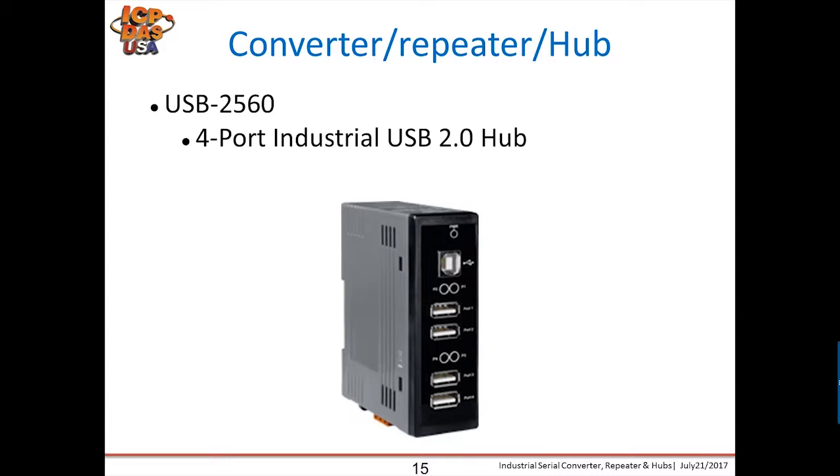The USB-2560 is an industrial USB 2.0 hub. It allows you to add multiple high-performance USB devices to your computer. It supports the USB 2.0 high-speed mode that can achieve 480 megabit per second data transmitting rate.